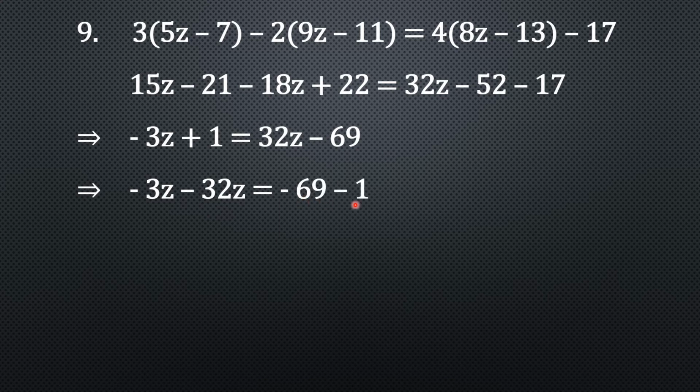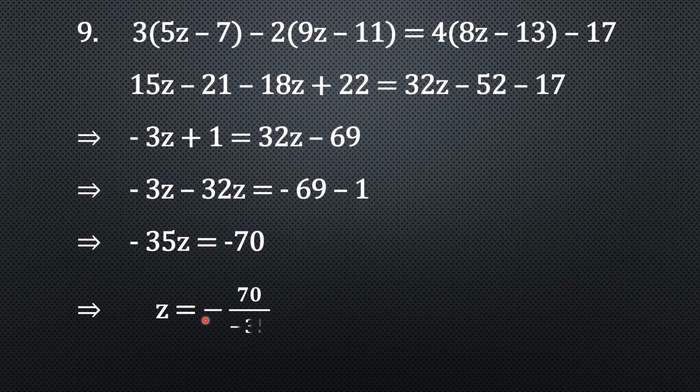On solving it, minus 35z equals minus 70. We get z equals minus 70 by minus 35. This minus and minus will cancel out and we will divide 70 by 35. So we have z equals 2.